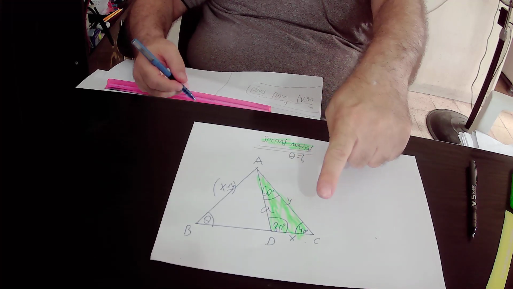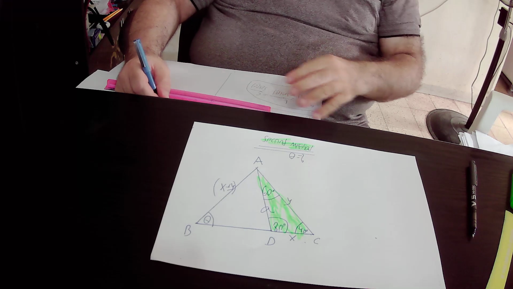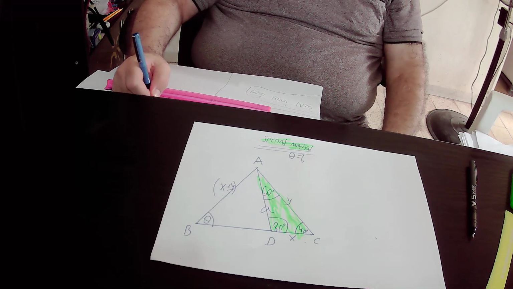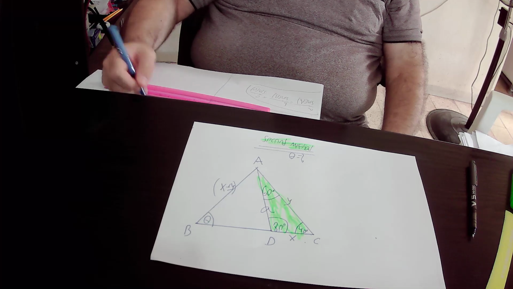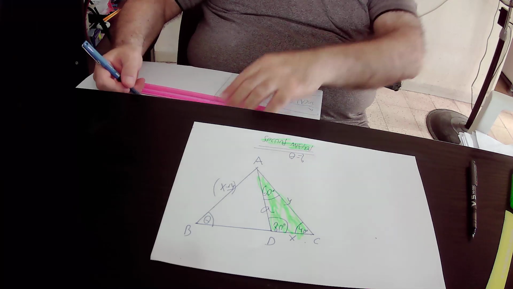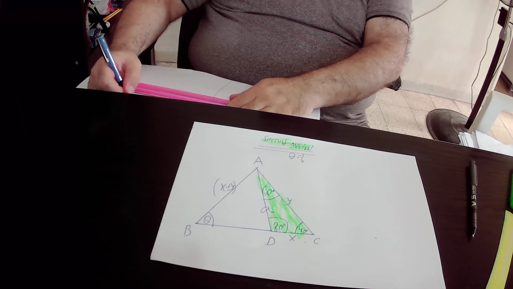Here DC equals x, so we'll substitute DC by x. AC equals y, therefore we'll substitute AC by y.